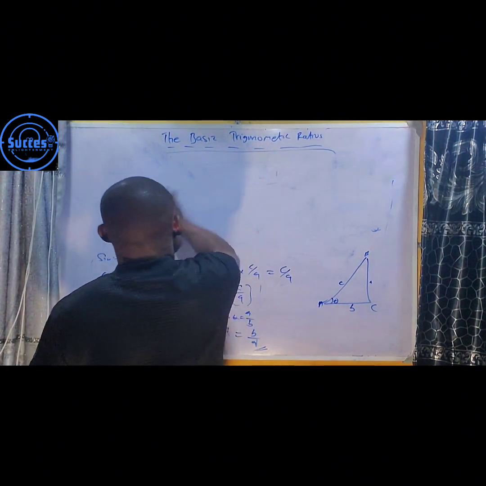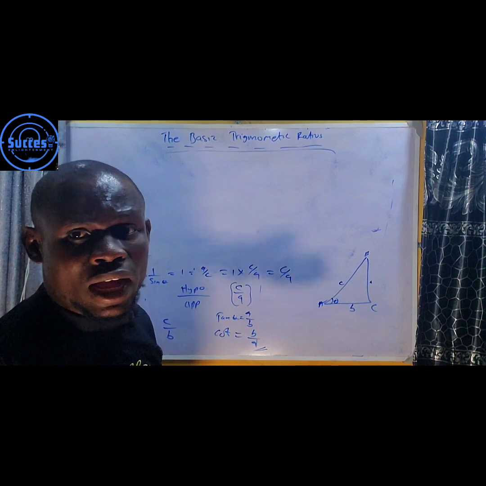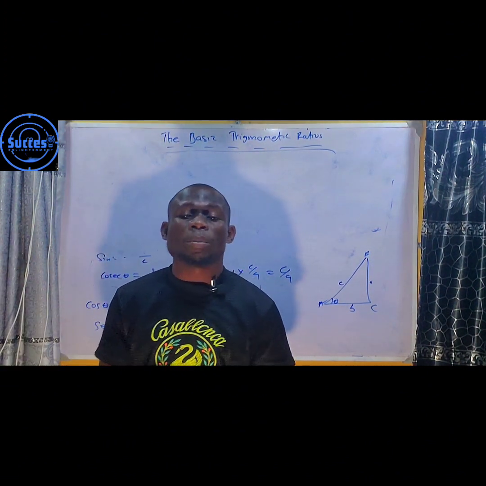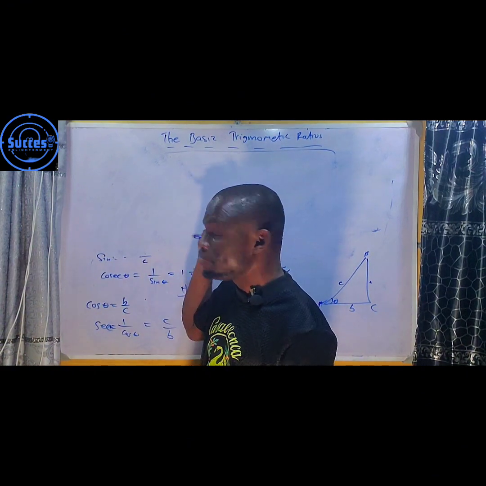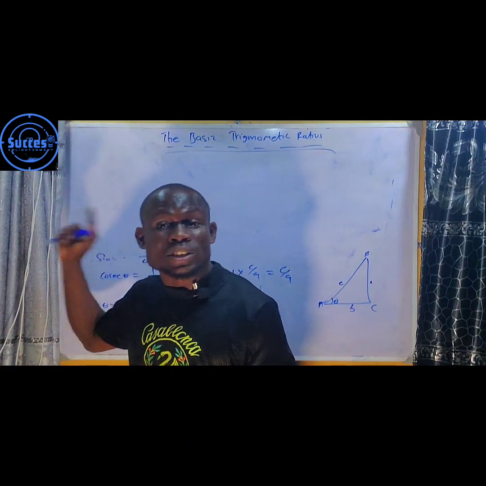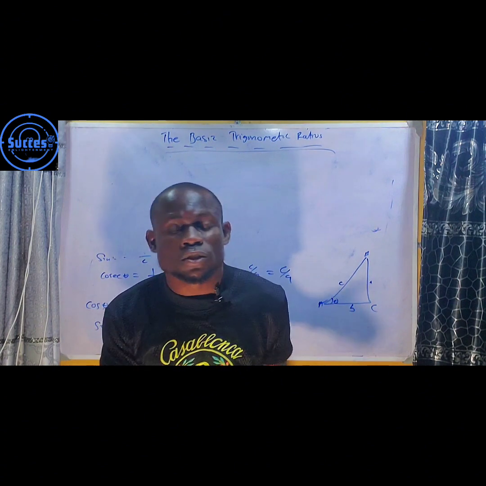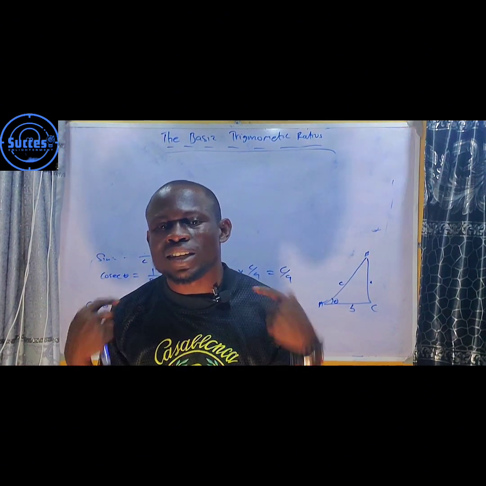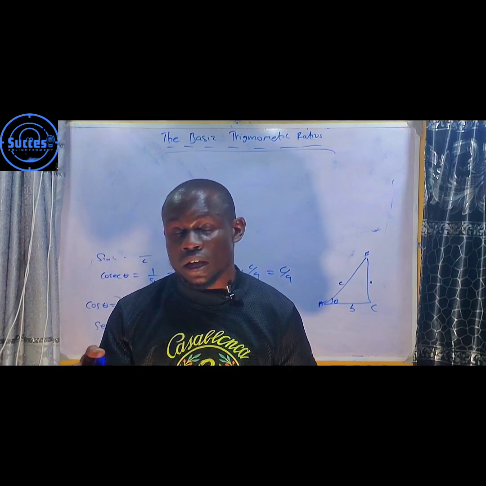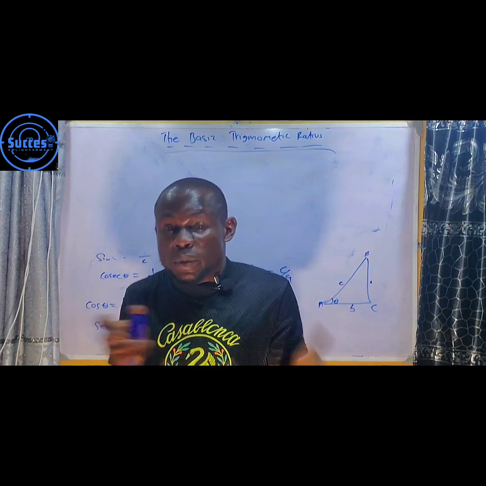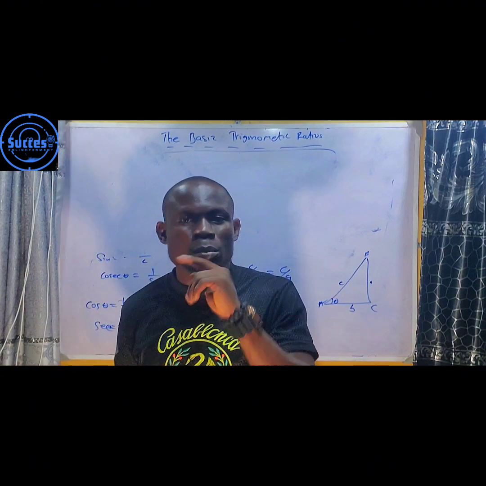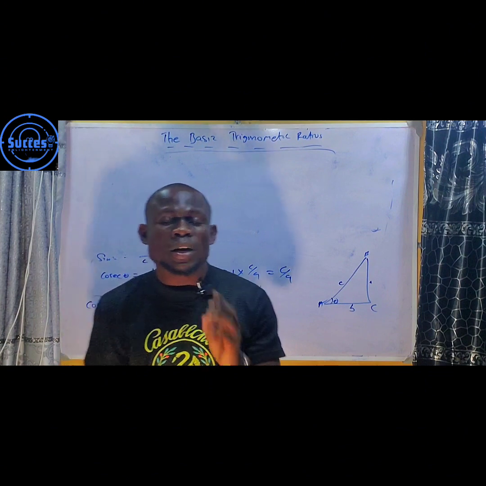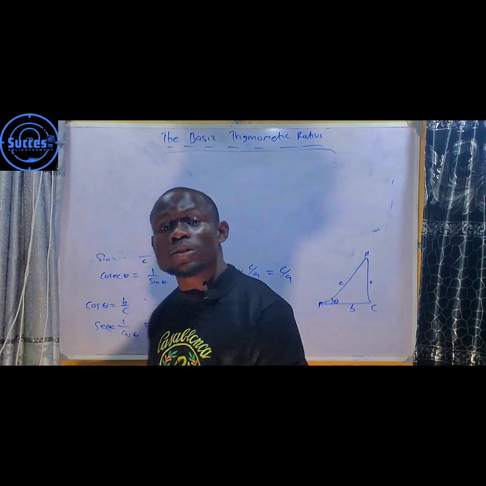What next I will do is try to solve a number of trigonometry illustrations, where I will apply this traditional and alternative definition to basic trigonometric ratios, and we are going to find the reciprocal of these ratios. We are going to use our understanding of the relationship between the reciprocal and the basic ratio to find both the reciprocal and the basic trigonometric ratio. But this will be in another video.